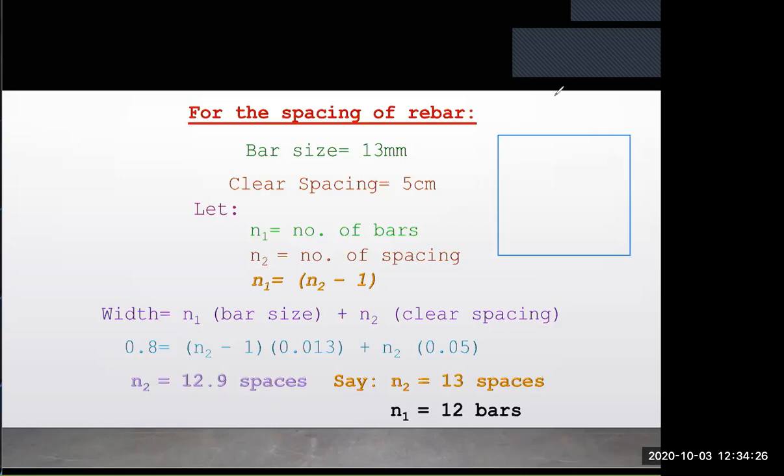Ayan. So, this is 0.8 meters by 0.8 meters.